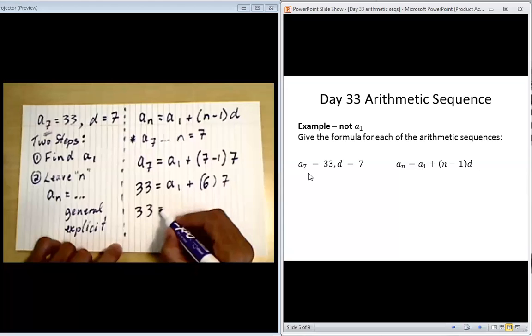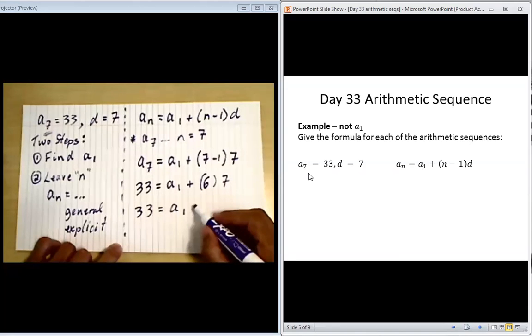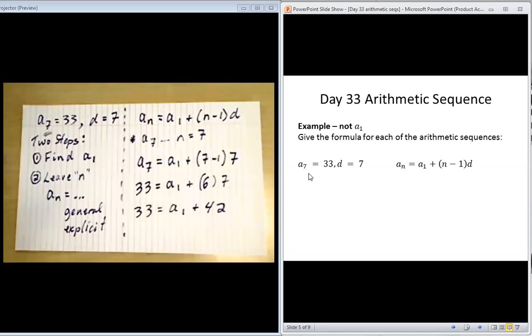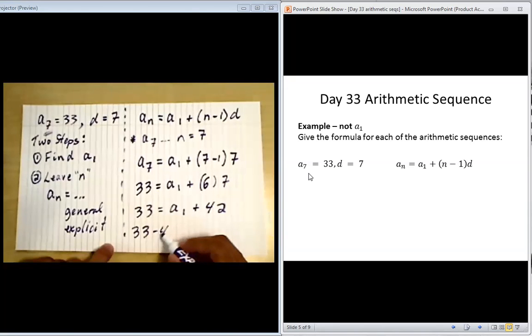So we got 33 is equal to A1 plus, yes, I heard 42. That's true. And so we get an actual number now. A1 is equal to, as the clever student would say, 33 minus 42.